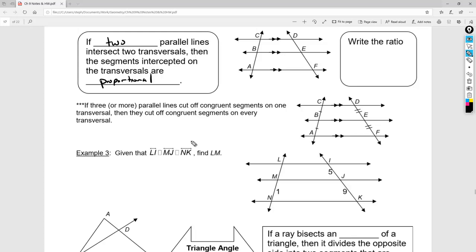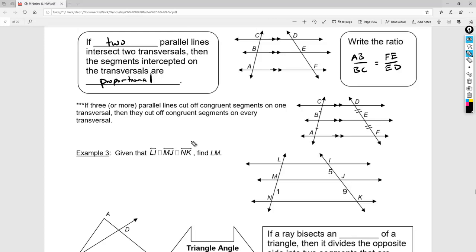Then what I know is that, for instance, AB is to BC as FE is to ED. So very similar to our triangle, except we don't have a vertex here, right? But it's essentially the same thing.